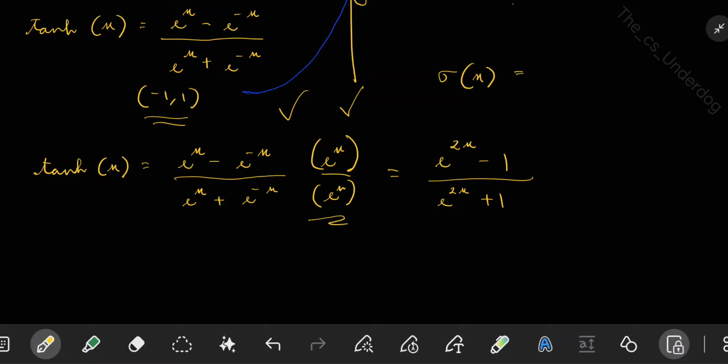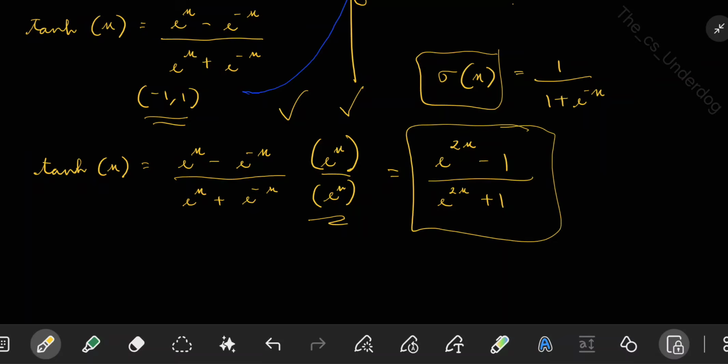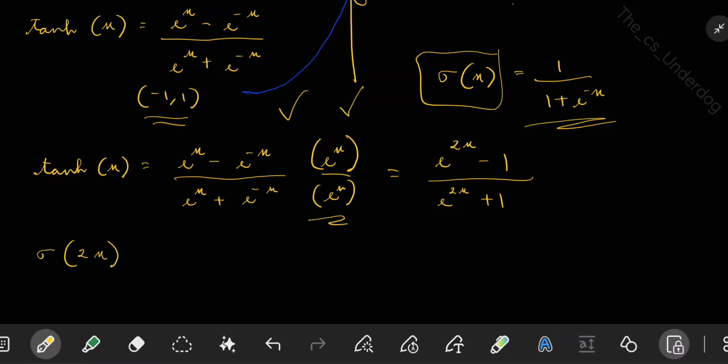So sigmoid, I know it is 1 by 1 plus e power minus x. I should be trying to bring this value somewhere inside this. This is the target. What should I do for this? What I'm going to do is, you know this is sigmoid of x. That means what will be sigmoid of 2x? This can be written as 1 by 1 plus e power minus 2x.